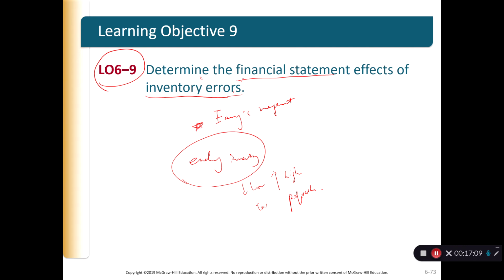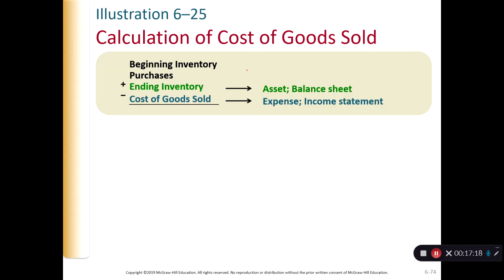Okay, I want to introduce this for just a quick second, maybe just for your entertainment. First of all, in order to calculate cost of goods sold, we usually use the periodic system, or we always have FIFO or LIFO cost assumptions.